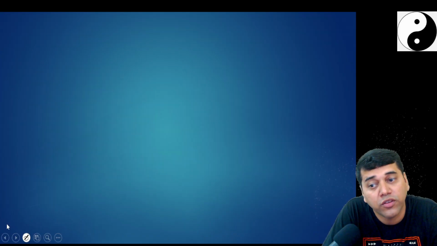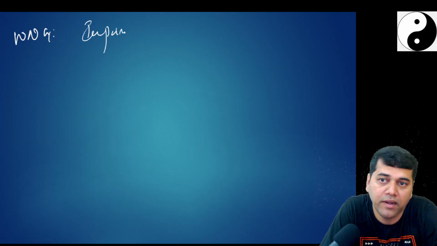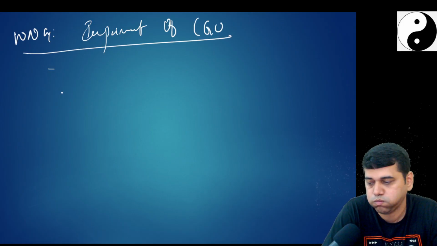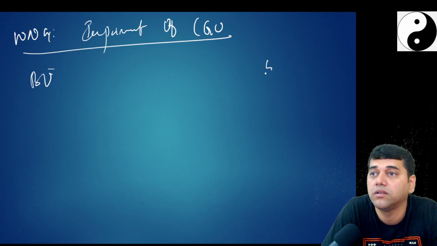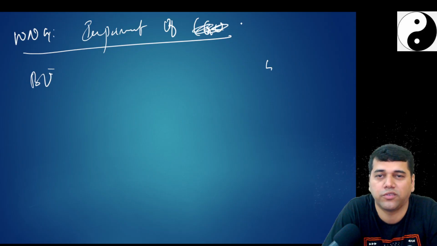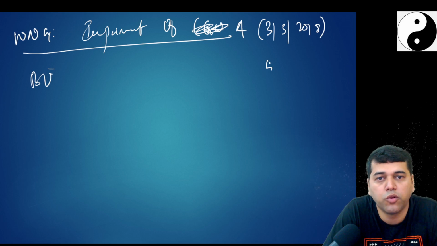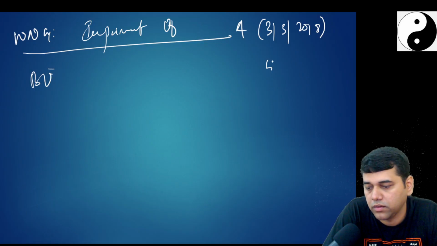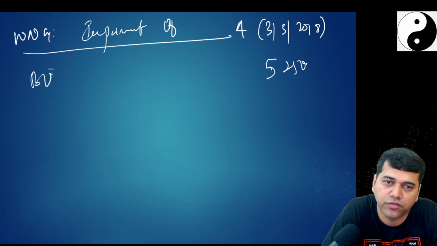And why did I do? For the allocation sake. Working note number 4, impairment of CGU. What is my book value of A on 31st March 2018? 5,25,000.